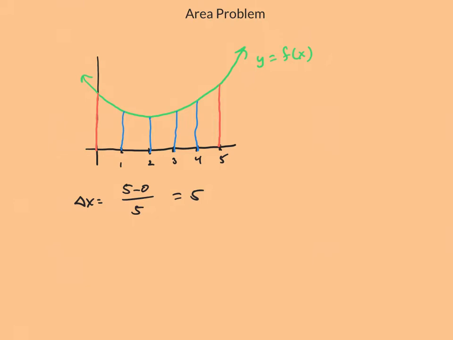So what that means is this: if I'm going to use a left hand sum, that means when I draw in the rectangles, I am going to start from the left hand endpoint. That is going to represent the height of the rectangle.